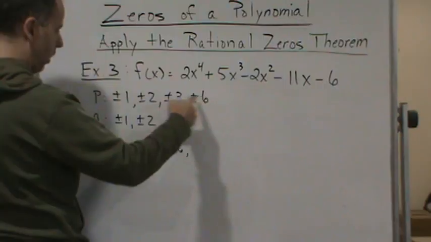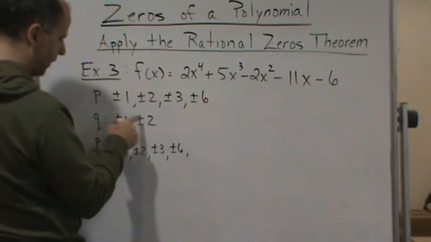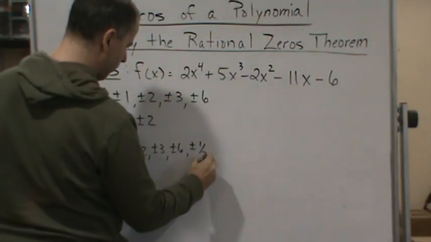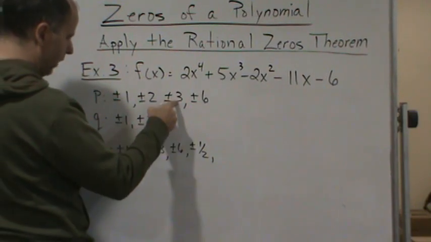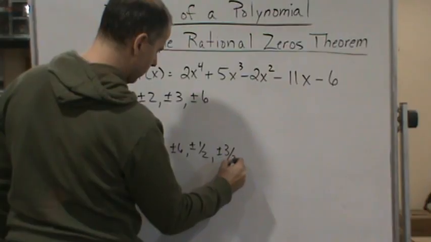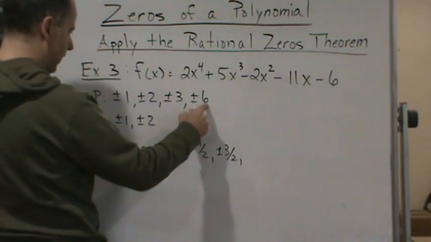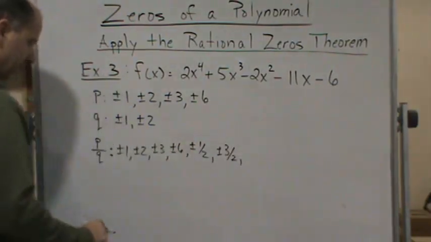Now if I divide all of these P's by plus or minus 2, I'm going to get some extras. I'm going to get plus or minus a half. This is just going to give me 1, which I already have. 3 divided by 2 gives me plus or minus 3 halves. And 6 divided by 2 is 3, I already have that one. So I'm done. This is my list.